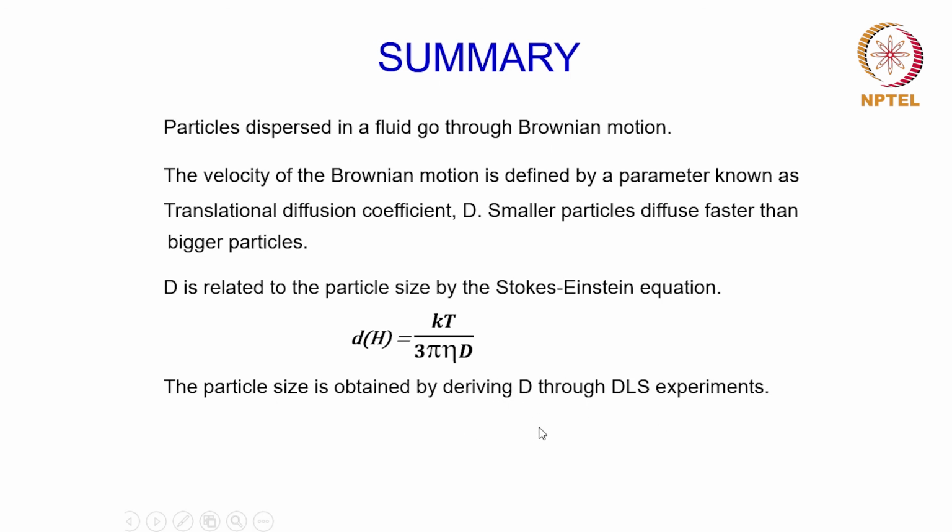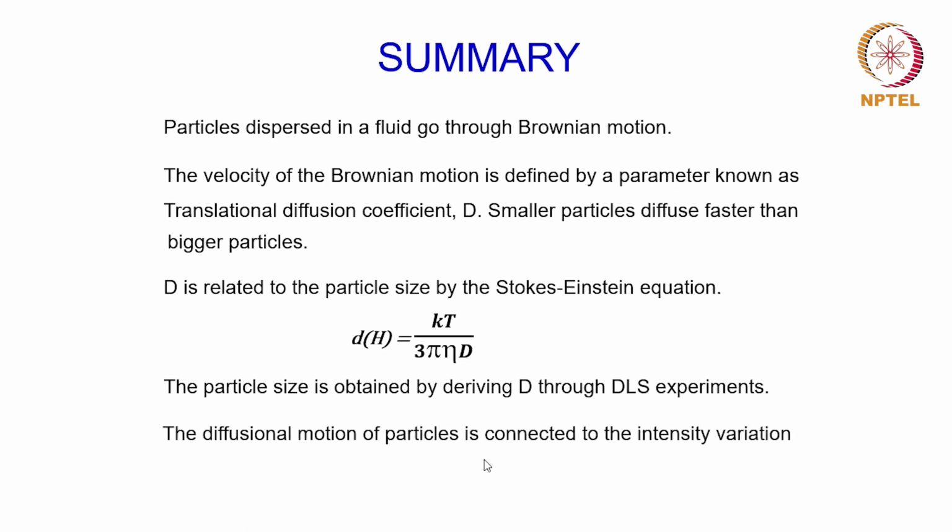The D is measured, and as I said, using this equation, the particle size is derived. Now this diffusional motion of particles is connected to the intensity variation as the particles move in front of the detector, and this intensity variation kind of forms the basis of the derivation of this parameter D from the intensity data which is recorded by the DLS instrument.